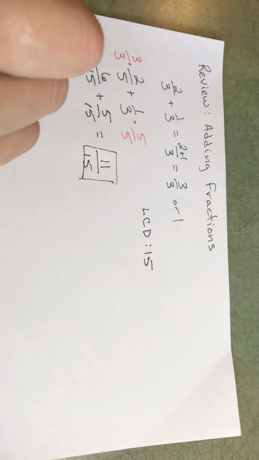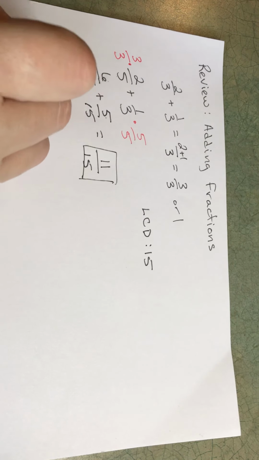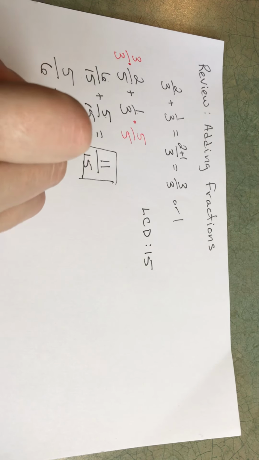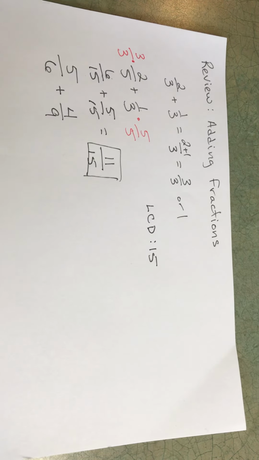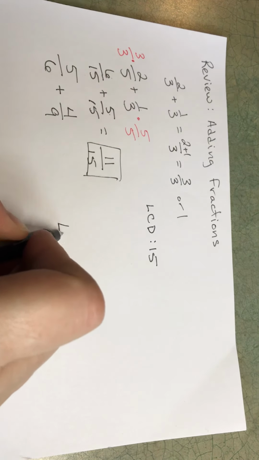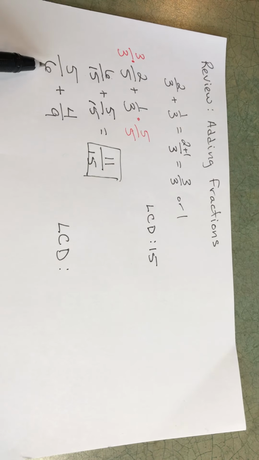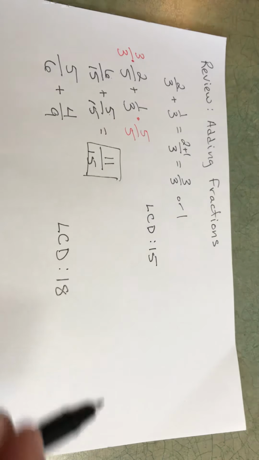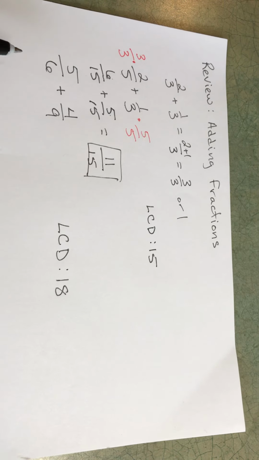Let's try another one. What if I have 5/6 plus 4/9? So my lowest common denominator is 18. So that is the smallest number that both 6 and 9 can go into.